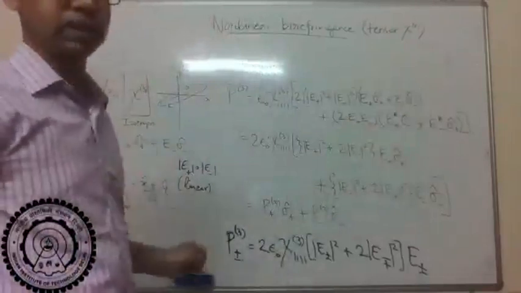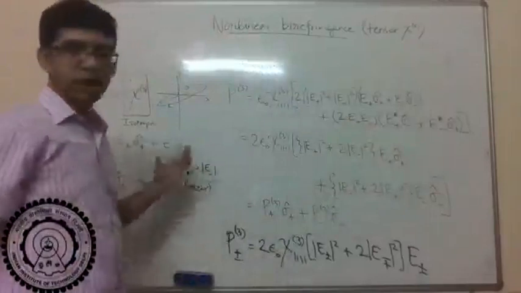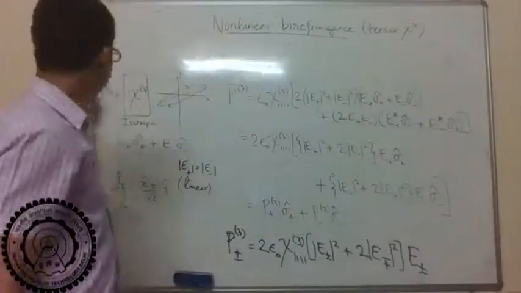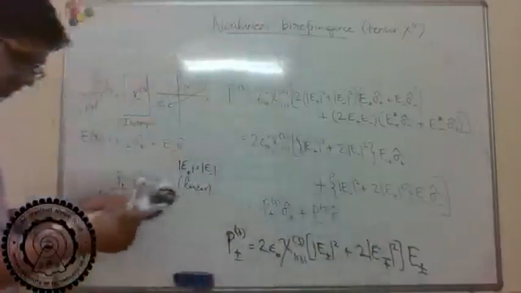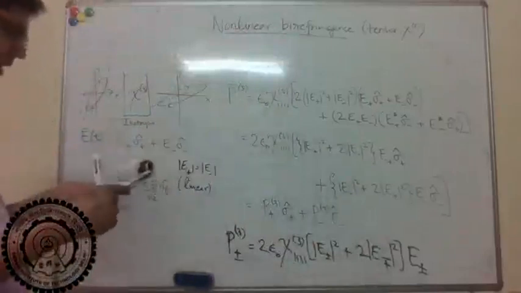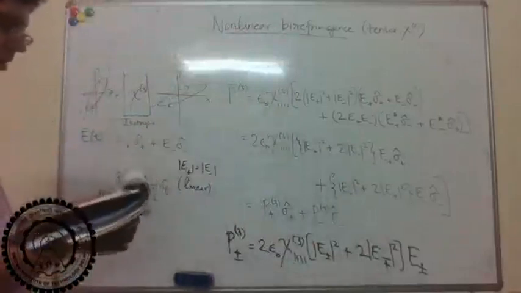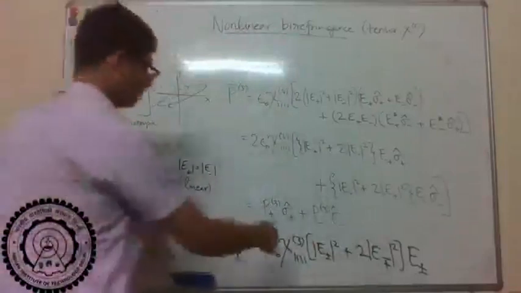That won't give me any polarization rotation. But if these two magnitudes are not equal and my input is some elliptical polarization, then the two components actually acquire different phase shifts.